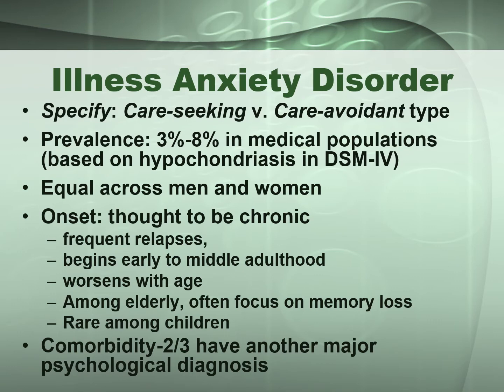Thankfully, it's very, very rare among children, but we do see it frequently as individuals become older, and when they're elderly, the focus may start to switch to memory loss. This condition in particular, over 2/3 have another major psychological diagnosis.